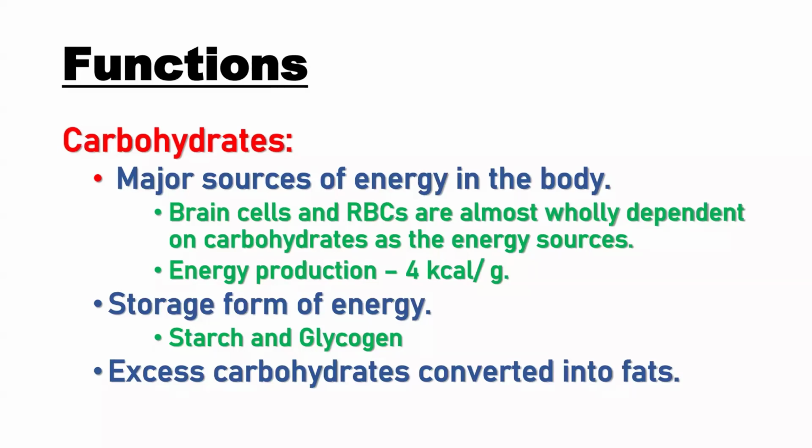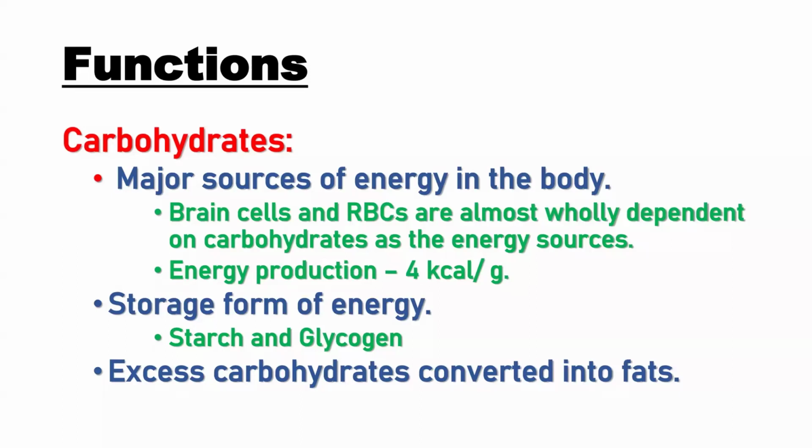So generally, if we take any food, after we eat and become fully satisfied, we have carbohydrate. Some part of that carbohydrate will be converted into the storage form of energy. That is, after you eat, you get energy and you provide the enough energy that you need. Then the remaining glucose that is not used for energy will be converted into starch and glycogen.